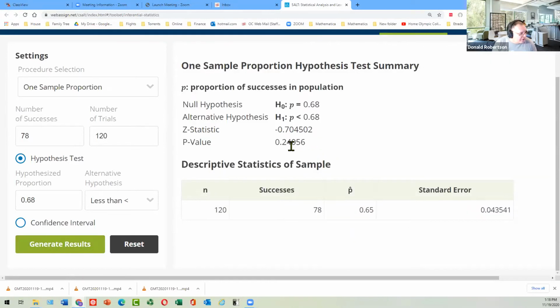Do you see the Z statistic and the p-value that I calculated by hand? Negative 0.704, what did I say it was? I said negative 0.705, we'll not argue over that because I rounded it up, and I got a p-value of 0.24 and exactly the same answer. Do you see it now works?